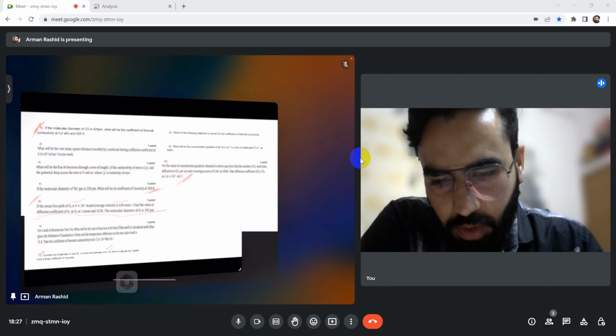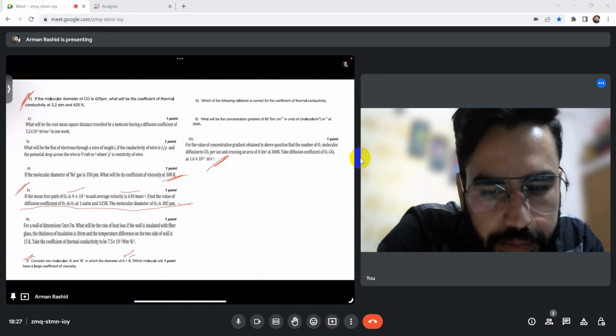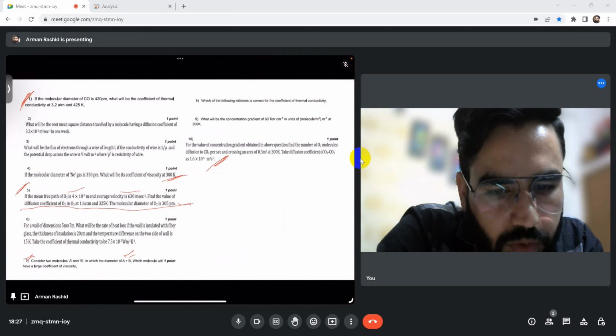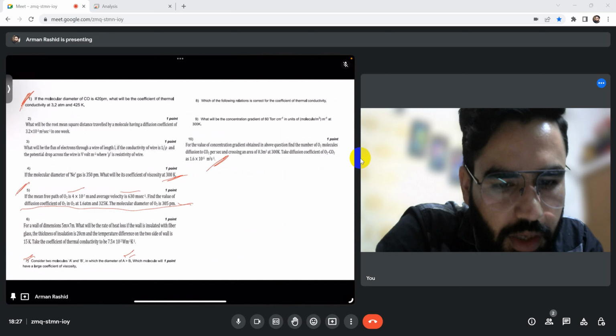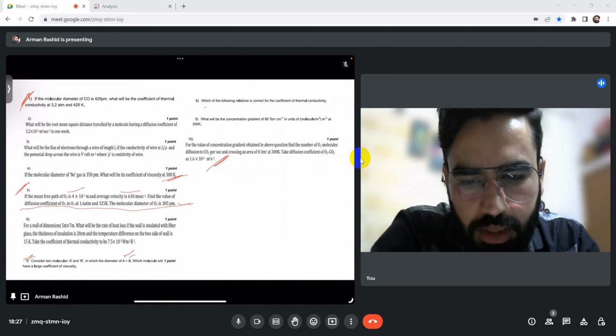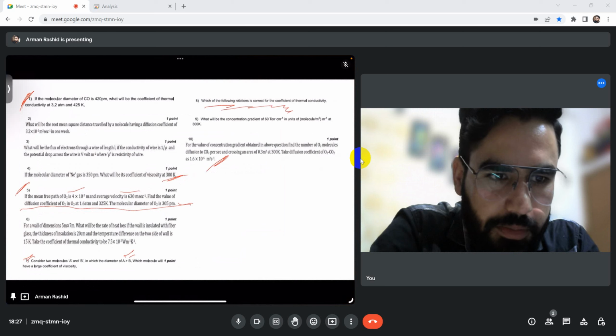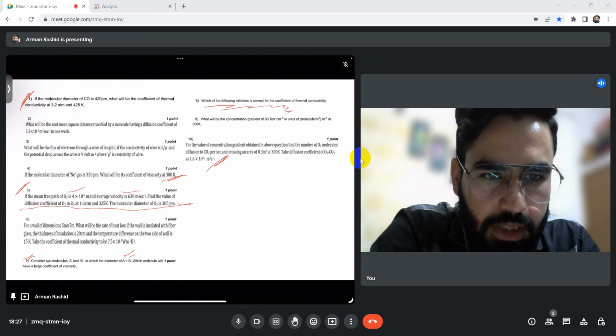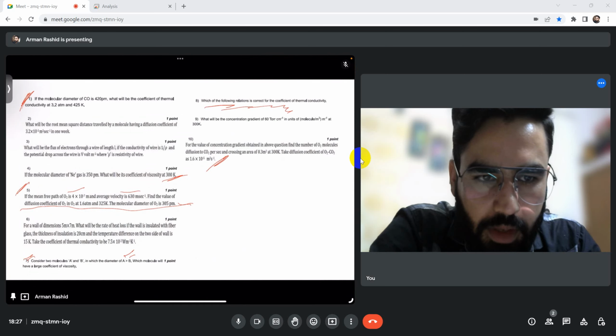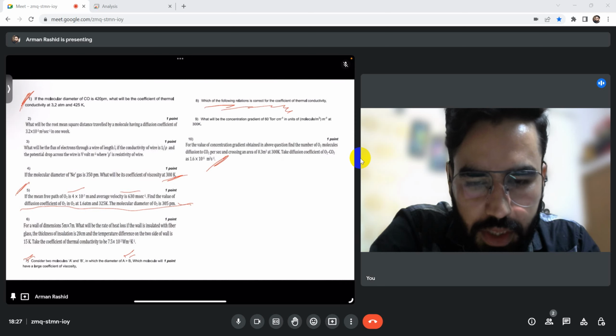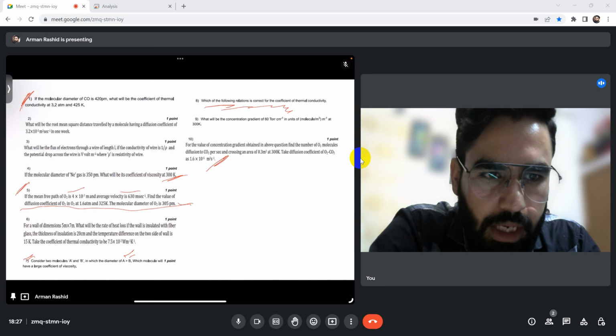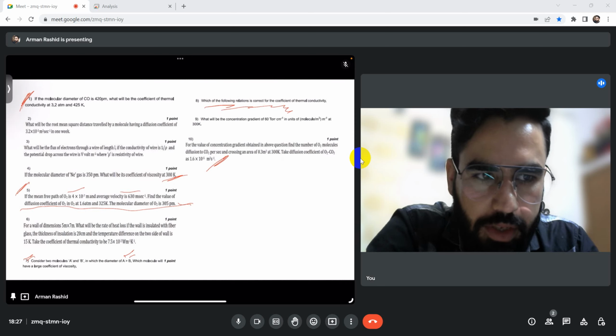Now we'll go to question number 8. Which of the following relations is correct for the viscosity coefficient of thermal conductivity? I have forgotten to write the options. It is regarding how the thermal conductivity is related to the average speed.